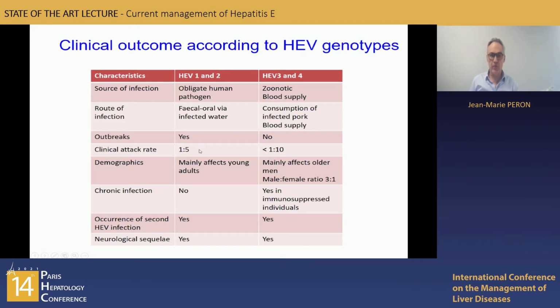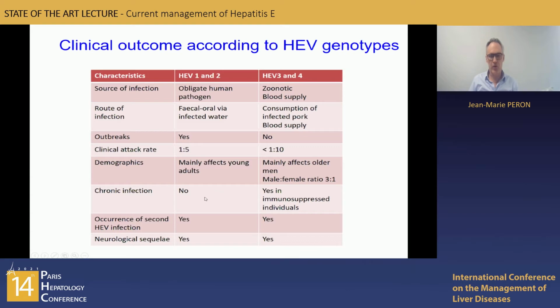The clinical attack rate is also different, 1 in 5 for HEV 1 and 2, less than 1 in 10 for HEV 3 and 4. HEV 1 and 2 mainly affects young adults, while HEV 3 and 4 mainly affects older men, with a male-female ratio of 3 to 1.